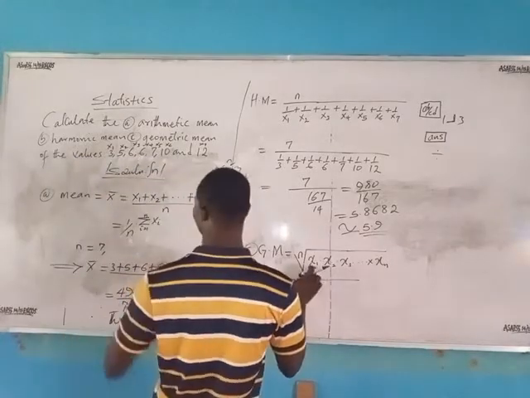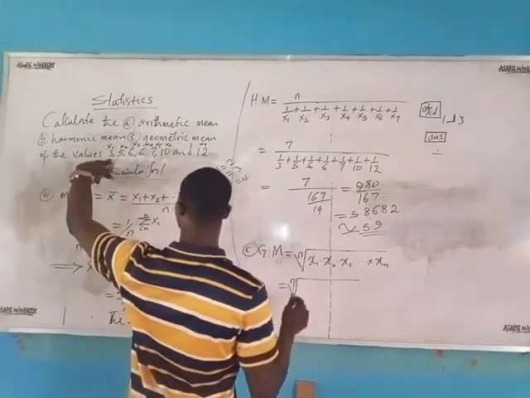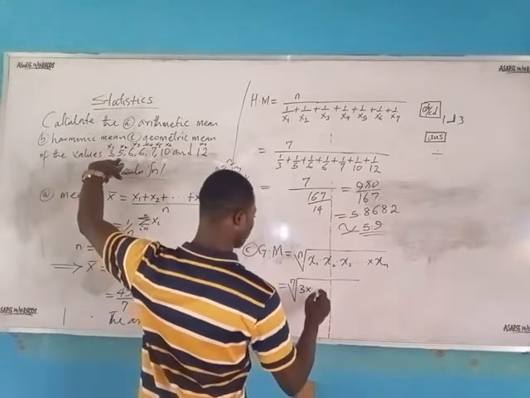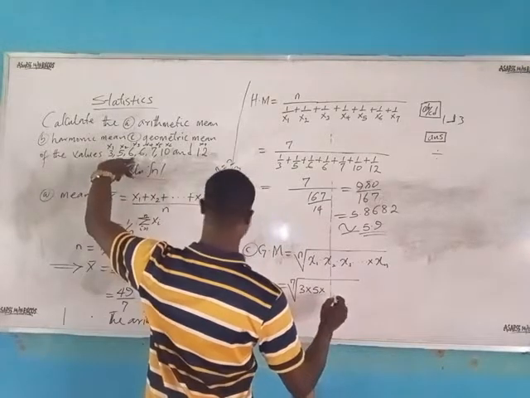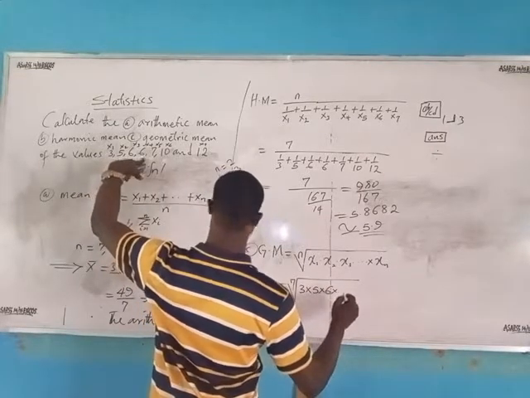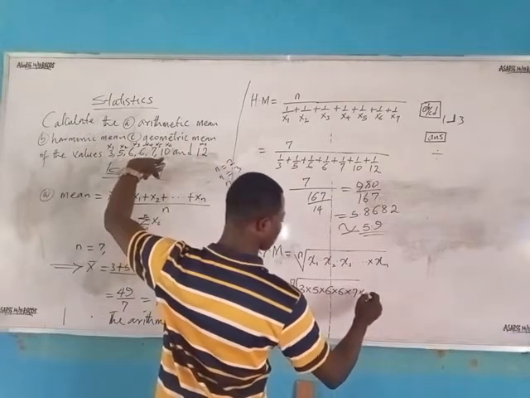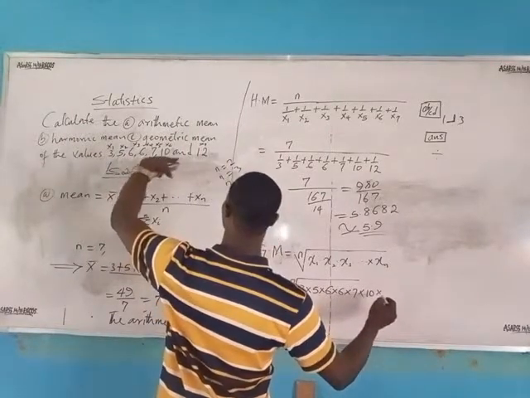So the set of observation is 3 times 5 times 6 times 6 times 7 times 10 times 12.